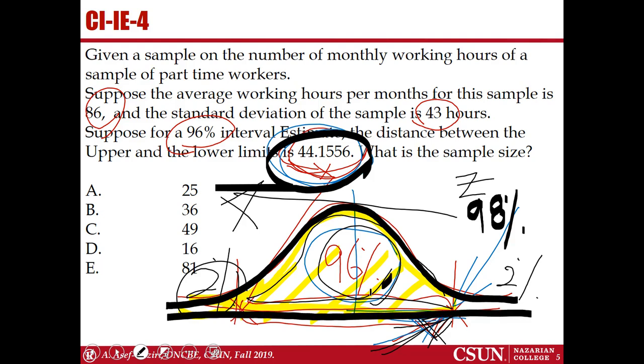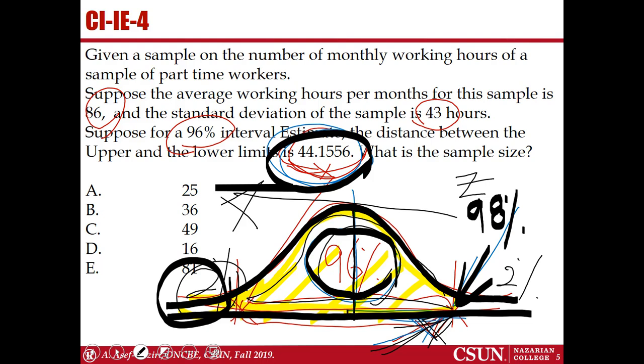I had 96% here, 2% here. For this point, I need to find z of 98%. That z of 98% tells me how many standard deviations you have gone to the right, and that is equal to half of this number.